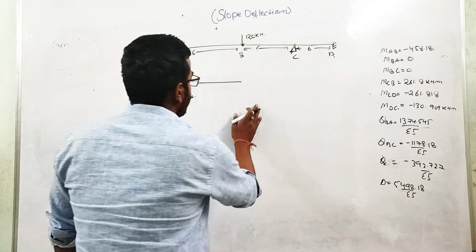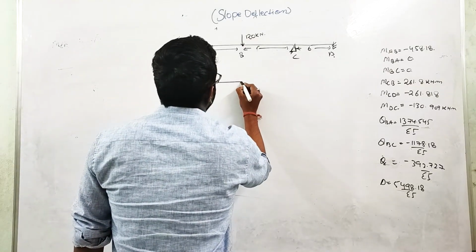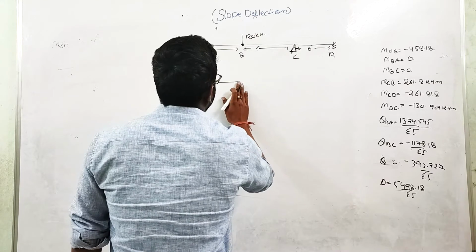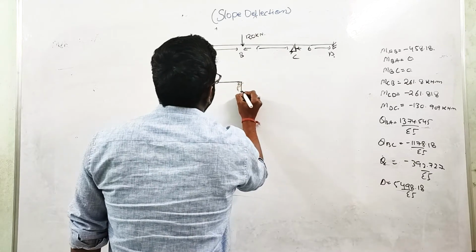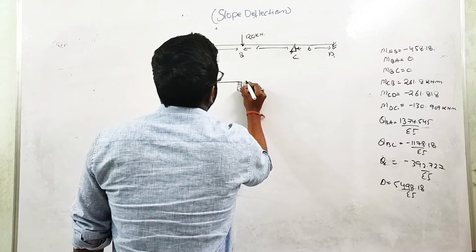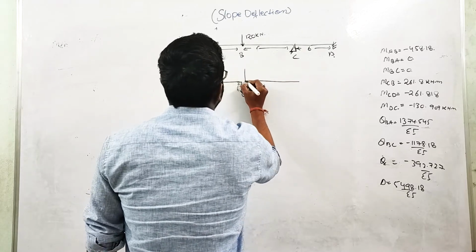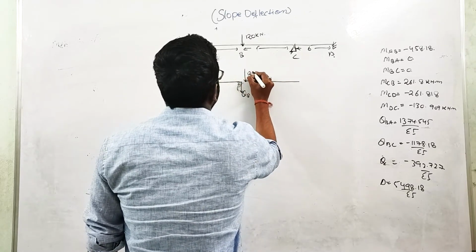At this point, I have assumed that there is one load acting, which is QB. At this point there is the 120 kN load.